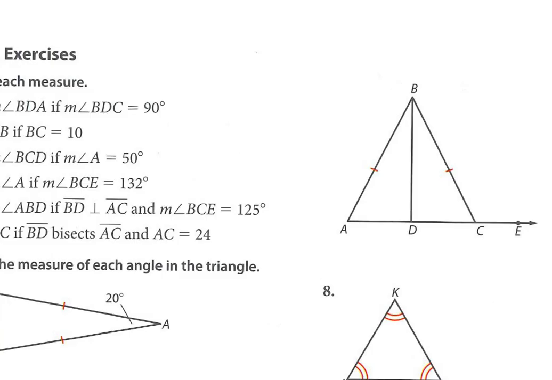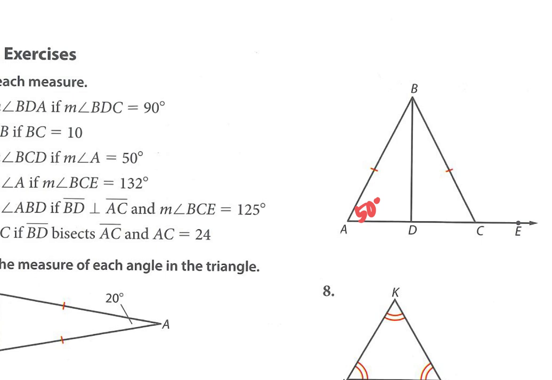Okay. All right, so then I read that one. For number 2, if BC is 10, what does AB have to be? 10. For number 3, if A is 50, so if A is 50, what is BCD? 50.